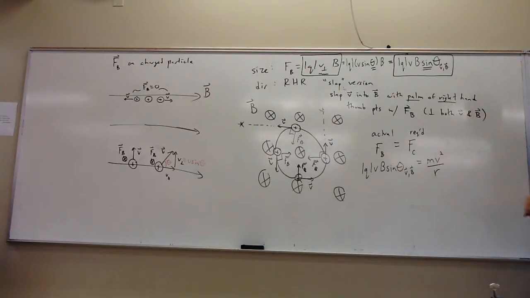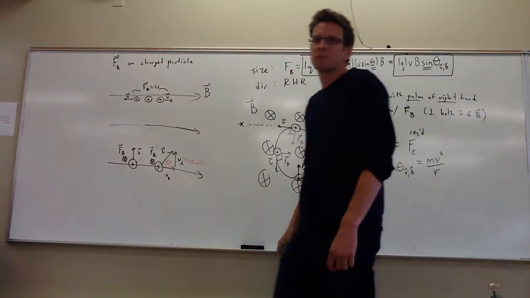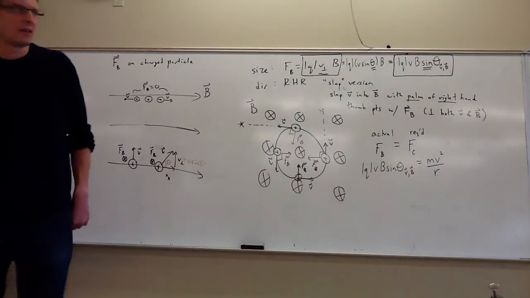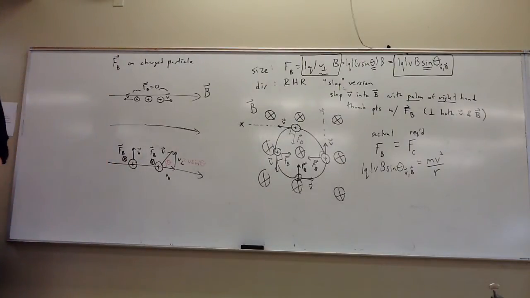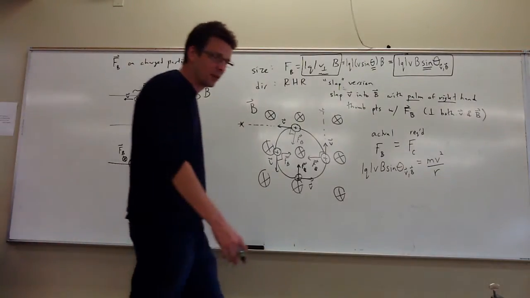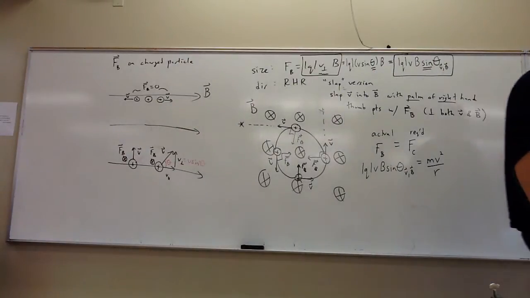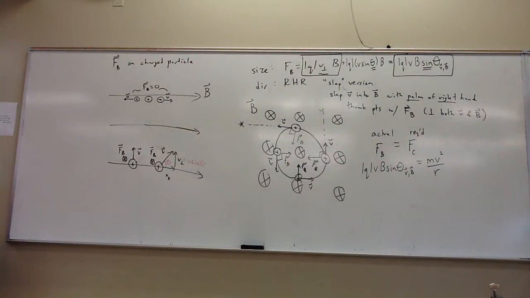So if you want to take something in a circle, the amount of force that will be required depends on the mass you want to take in a circle, how fast you want to take it in the circle, and the radius you want to take it in. So let's solve for the radius. That might be something instructive to discuss.